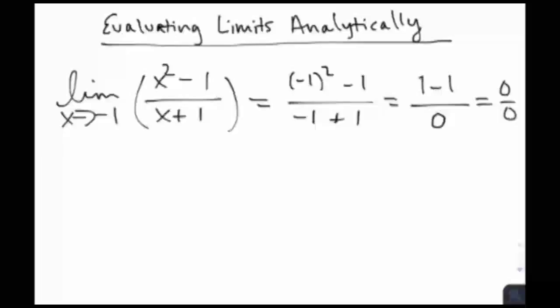So what we need to do is simplify the x squared minus 1 over x plus 1. We need to find a way to get that function into a simpler form so we can actually solve for the limit. So what is it that we need to do? Let's go ahead and simplify it down. In order to simplify the function, we need to include the limit with it.